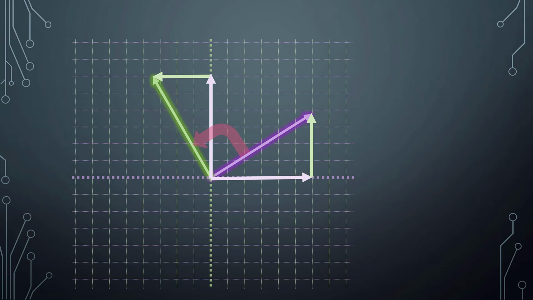And as we can see, we have two right triangles that are similar because they have the same hypotenuse, and they're basically 90-degree rotated versions of each other. Because of that, the amount by which the purple vector has gone up is exactly the same amount by which the green vector has gone to the left, and the amount by which the purple vector has gone to the right is the same amount that the green vector is going up.